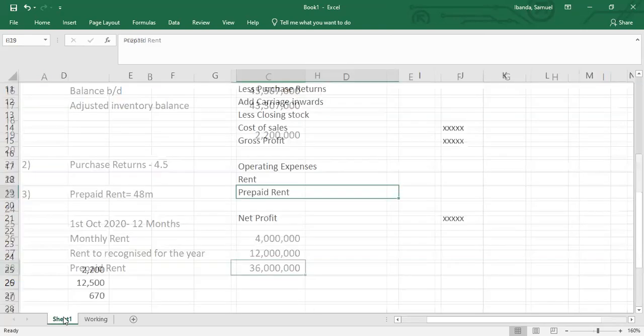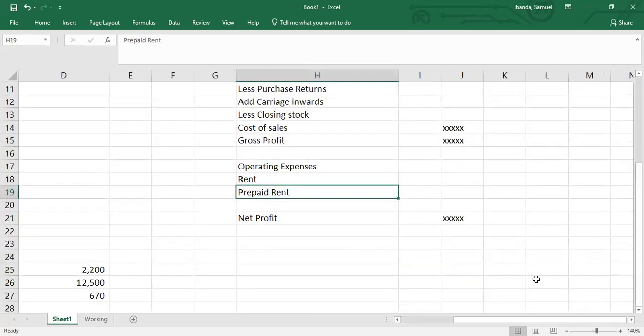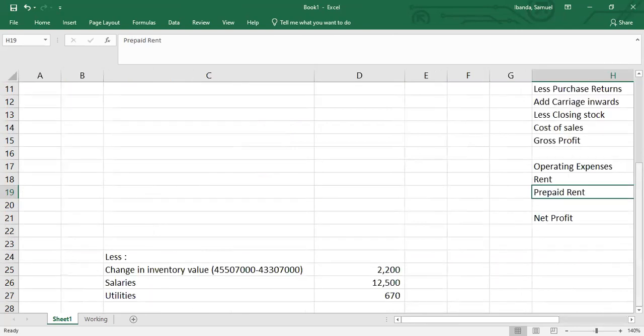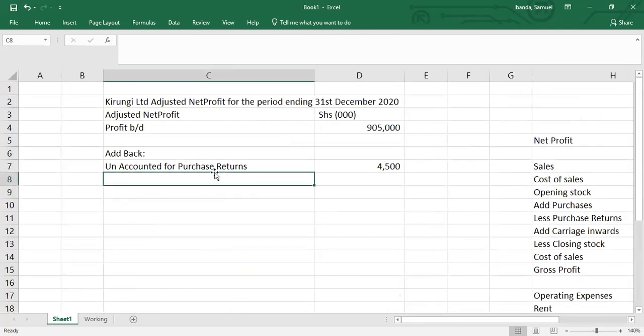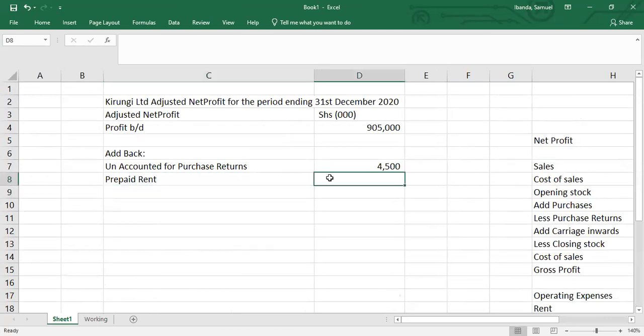So I'm actually going to add it back here. I'm going to come here and say prepaid rent, which is 36 million. So that is what I'll basically do.